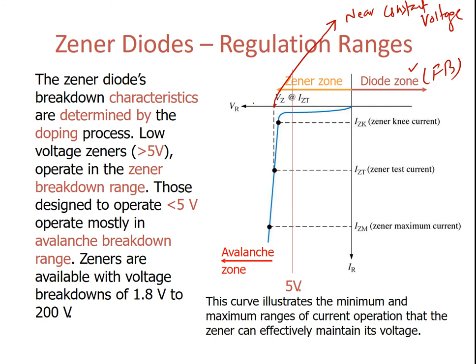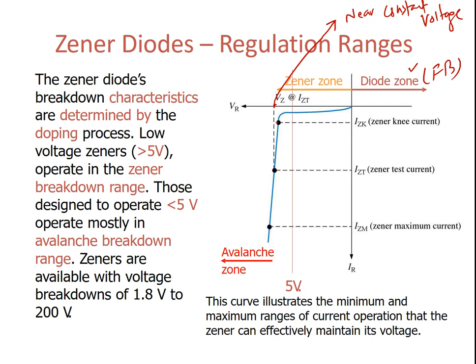This is called the reverse bias zone or Zener zone. In this region, the diode is just operating as a normal reverse open circuit, and whatever you supply, you will get. Once we cross the Zener breakdown voltage level, we will get the constant voltage. Basically, the constant voltage value depends on the current.